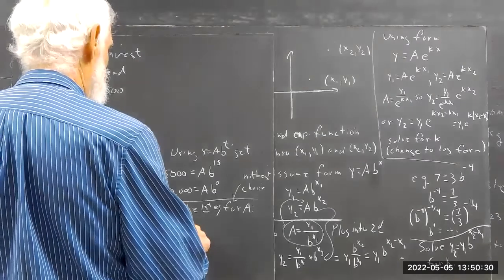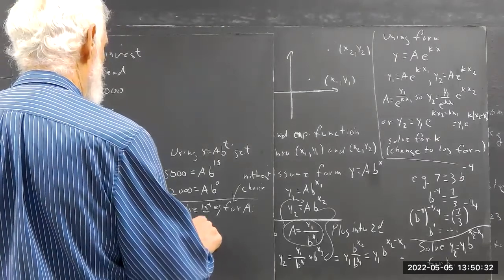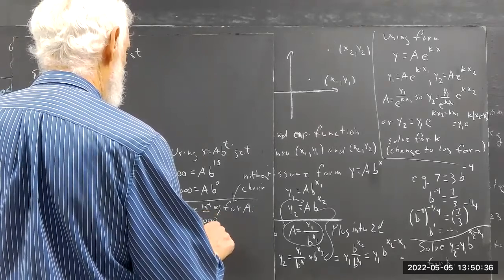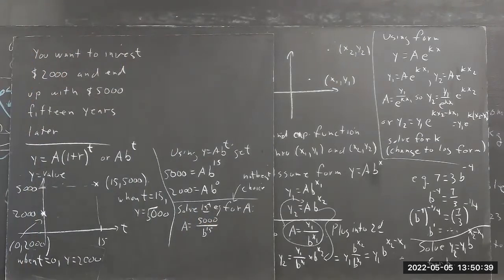Okay, so we get a is 5,000 over b to the 15th.